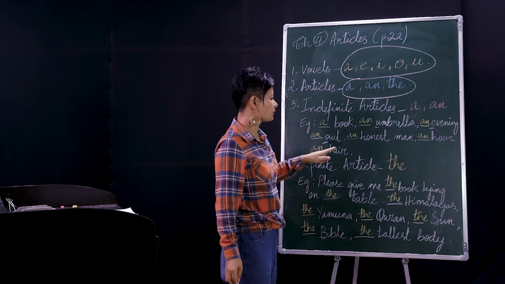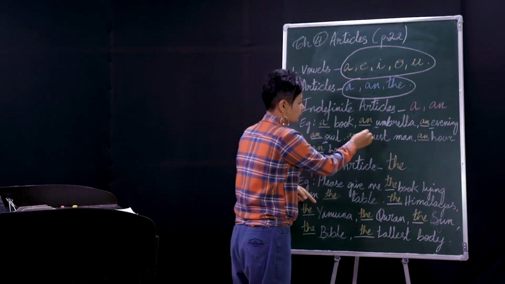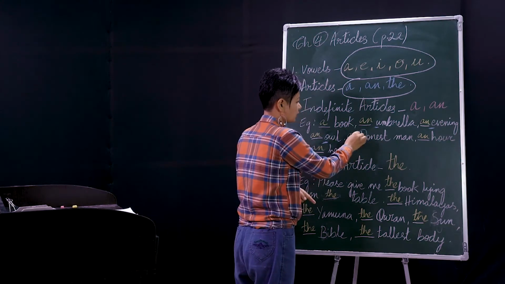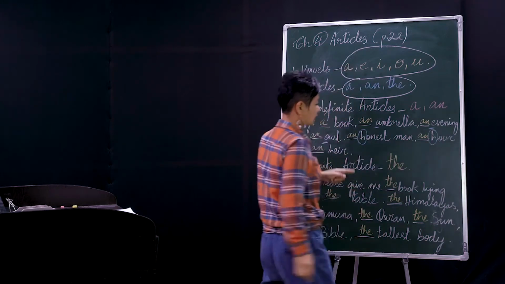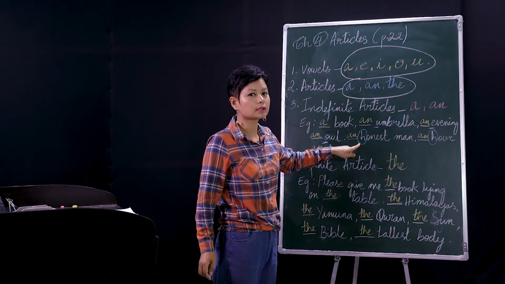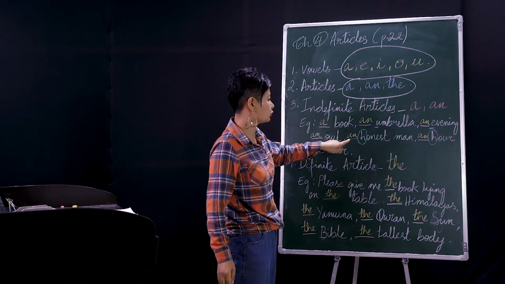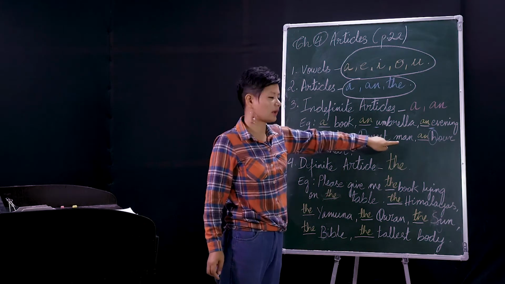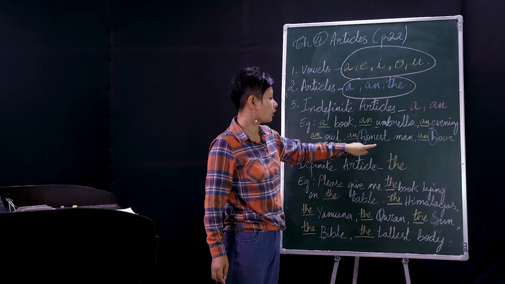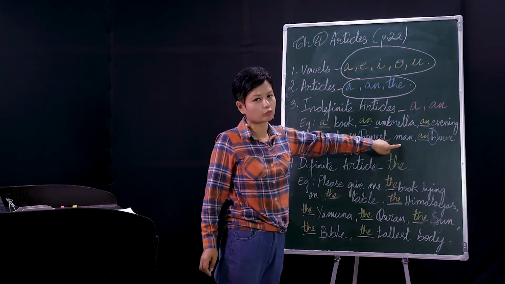But sometimes in the consonant sound also, here H is a consonant, right? And here also H is a consonant. We all know that this is not a vowel but a consonant. But sometimes we put an. We don't say a honest man. We say an honest man. So why is that?